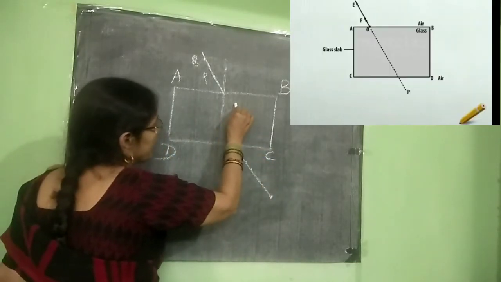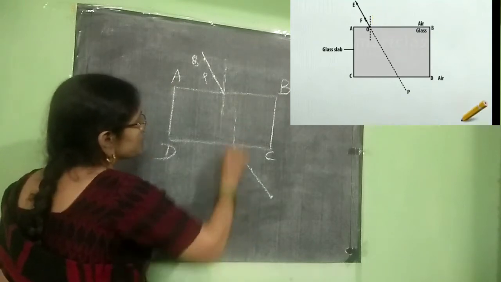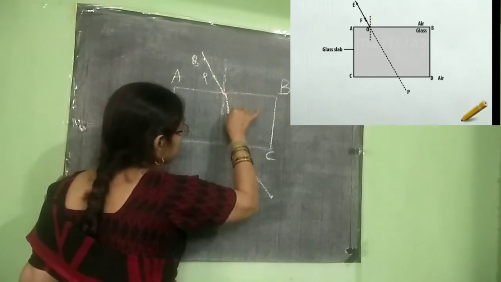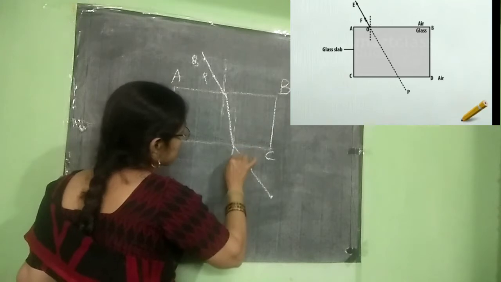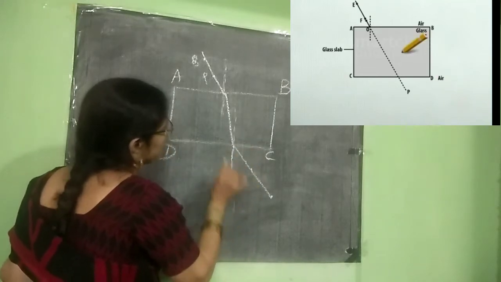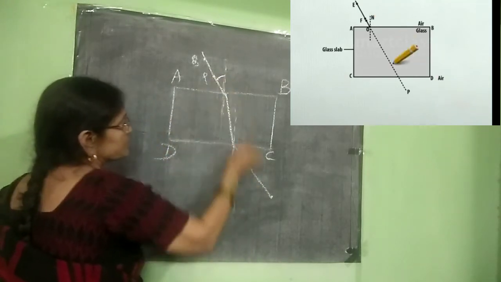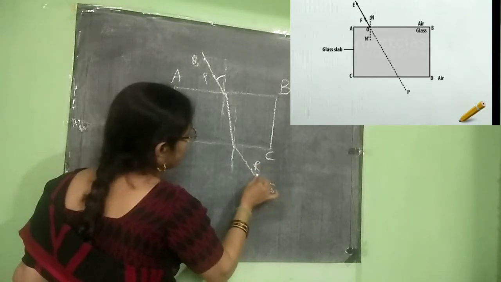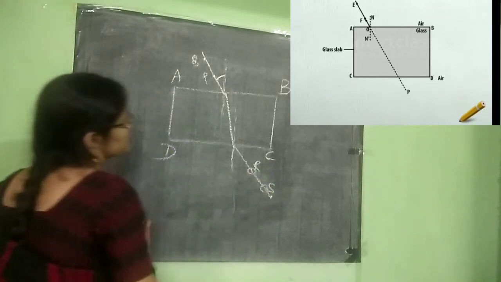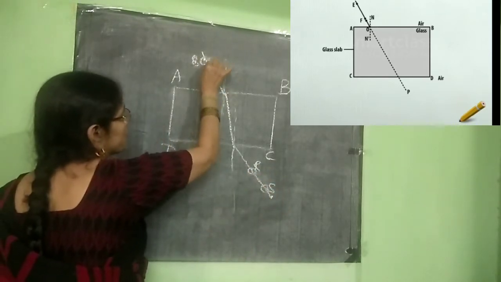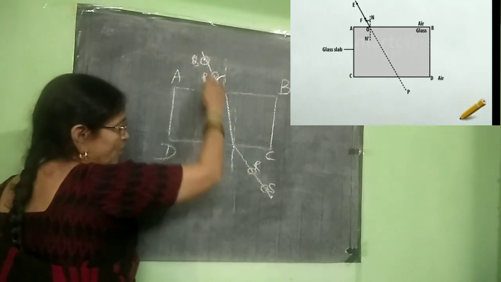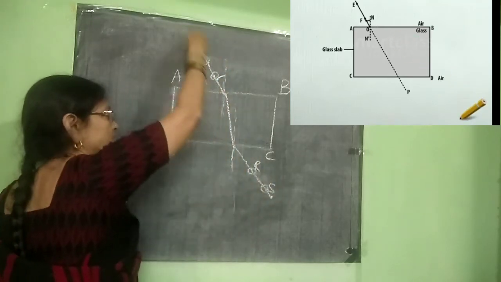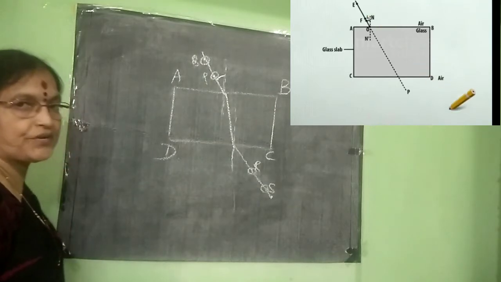Then draw a normal here also. Now join these two lines. This is RS, name this RS. When you observe through this side, all four pins seem to be in the same straight line.